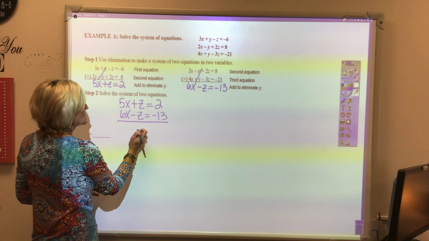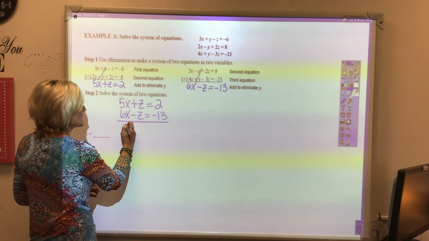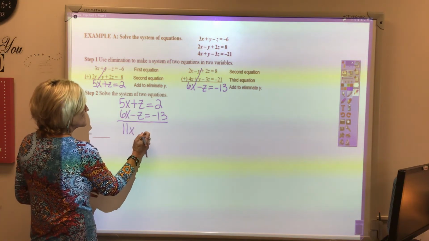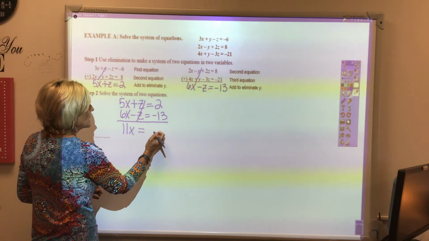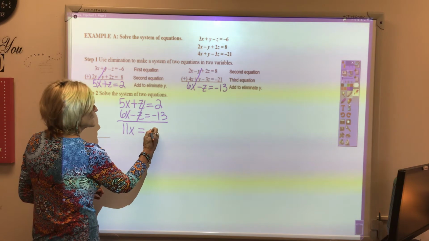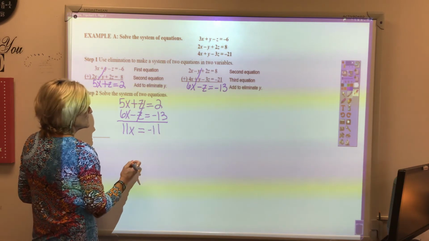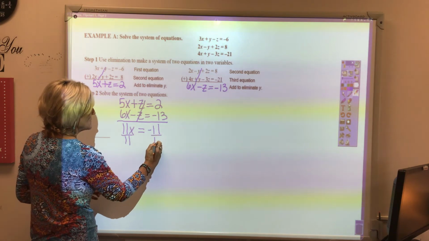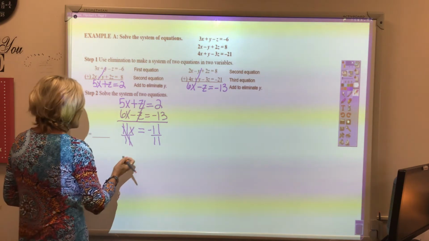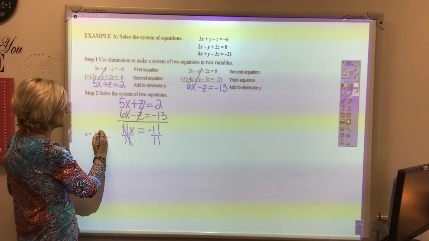So when we add down through the columns, we'll have 11x. The z's will cancel. We'll have equals negative 11. Divide both sides by 11. And we have our answer for x. It is negative 1.